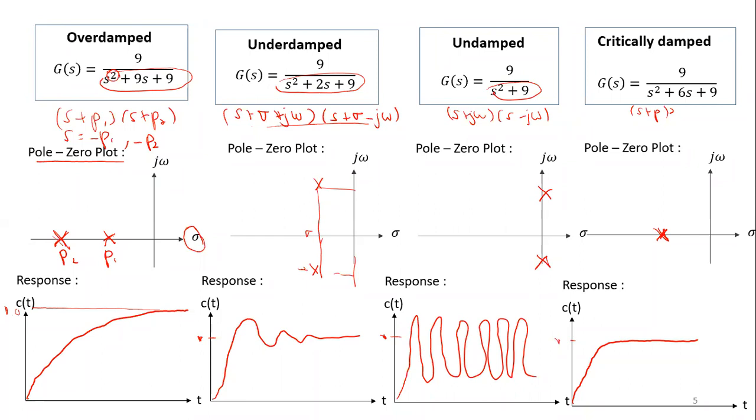If it is an overdamped response, you're going to expect that the dish will move very slowly until it reaches 90 degree. So the performance of overdamped response is like the first order system. So it's slow.